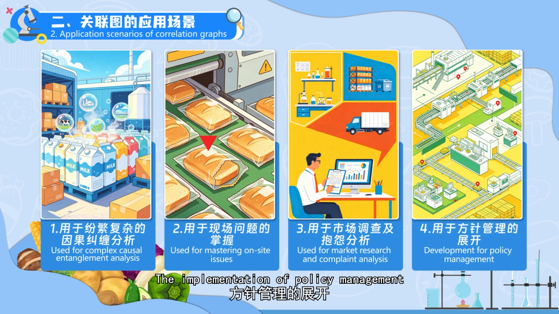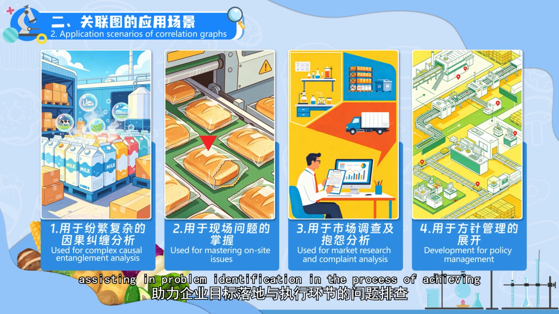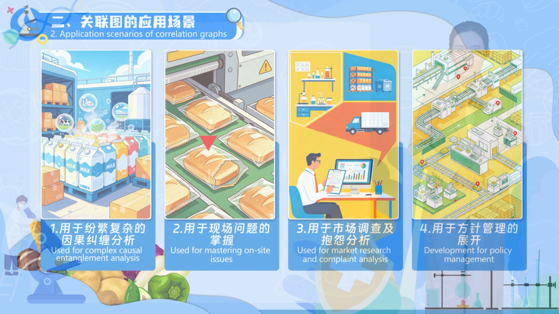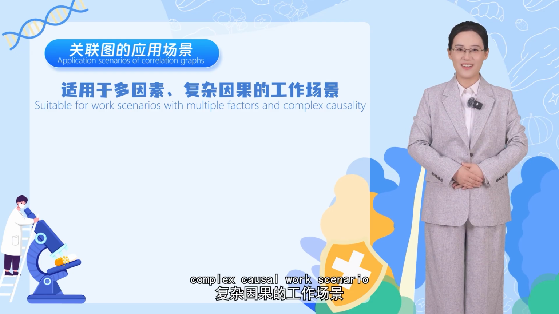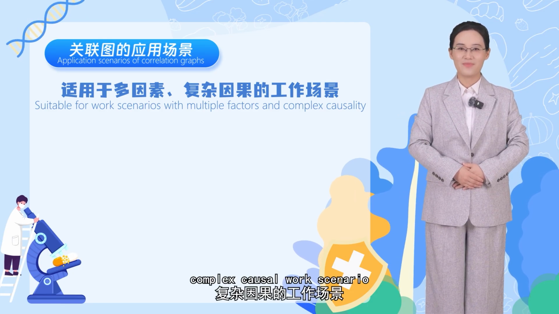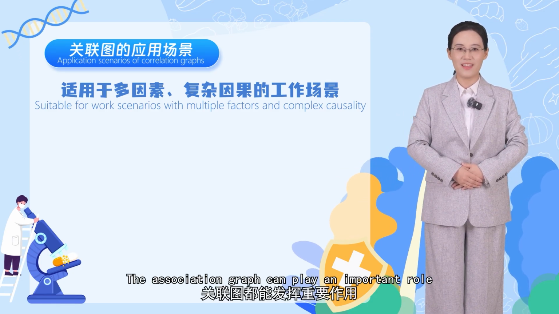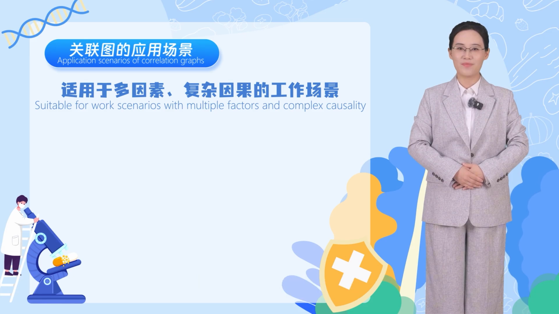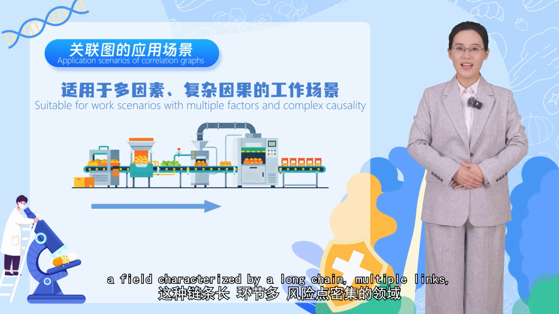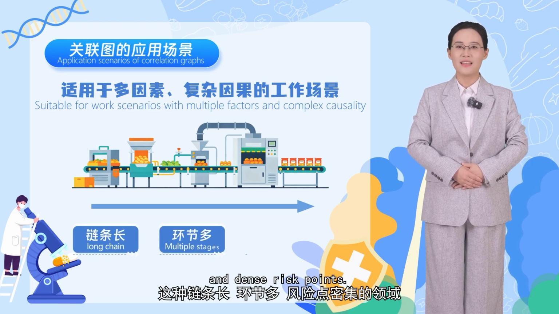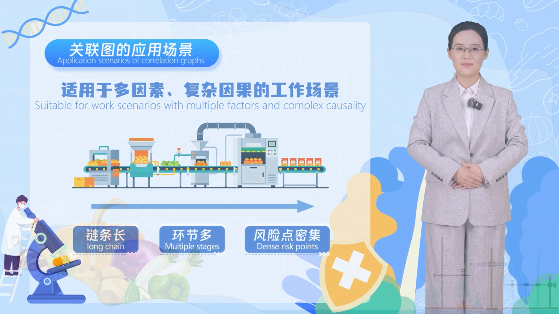Fourth, the implementation of policy management, assisting in problem identification in the process of achieving and executing corporate goals. You could say, as long as it involves a multi-factor, complex causal work scenario, the association graph can play an important role. It is especially suitable for the food industry, a field characterized by a long chain, multiple links, and dense risk points.